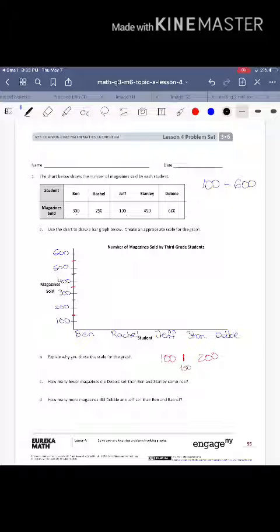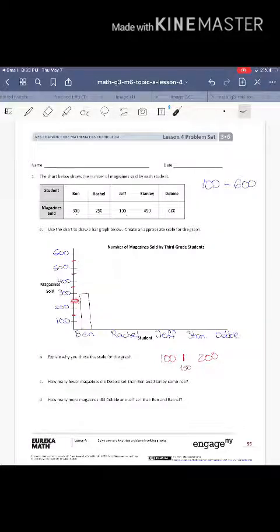So it says that Ben sold 300. So we're going to draw a bar that goes all the way to 300. Right here. And I will go down, correct? Rachel says that she sold 250. Remember, we cannot go all the way up here because that will be 300.